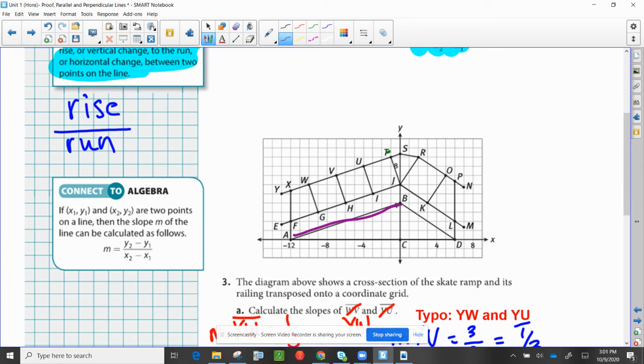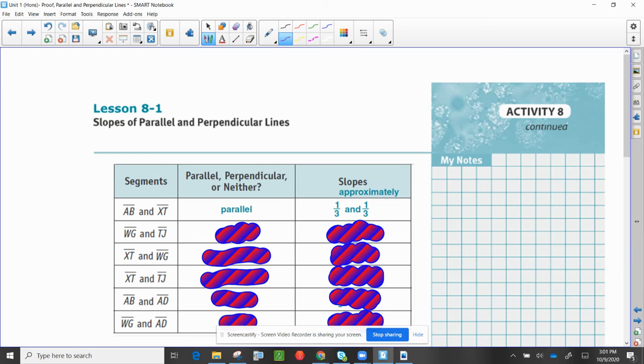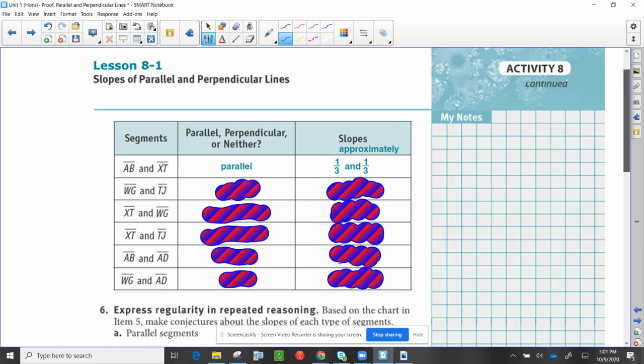AB is here, and XT is here. What can we conclude about those lines? Well, those are running in the same direction. They're not crossing each other. So that's why we would describe those as parallel lines. Okay, so let's look now at WG and TJ. If you look at those lines on the grid, what can you think about them? Are they parallel, perpendicular, or neither?